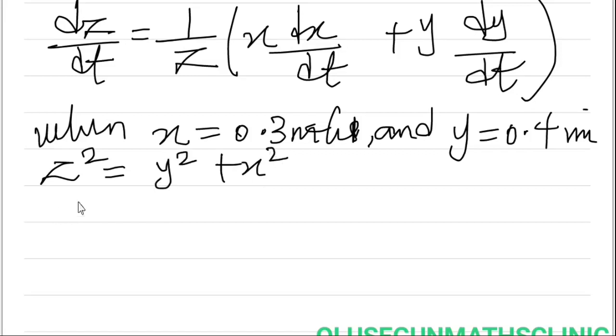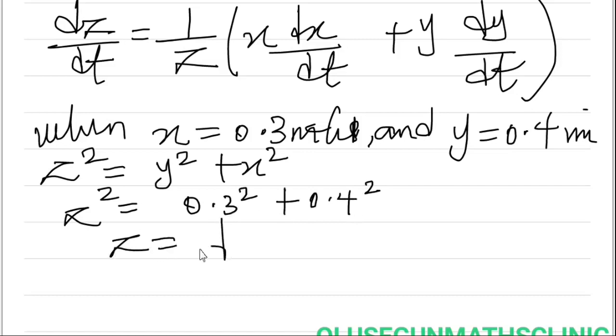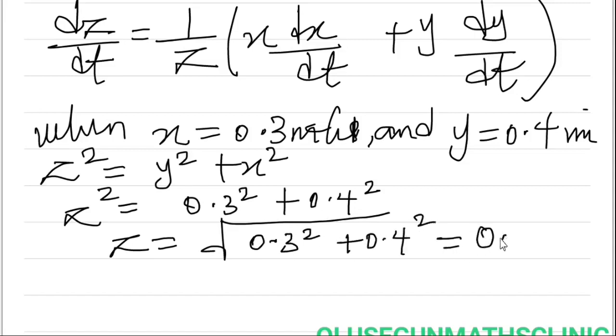So our z squared will be 0.3 squared plus 0.4 squared. So z will be the square root of 0.3 squared plus 0.4 squared, which will give us 0.5 miles.